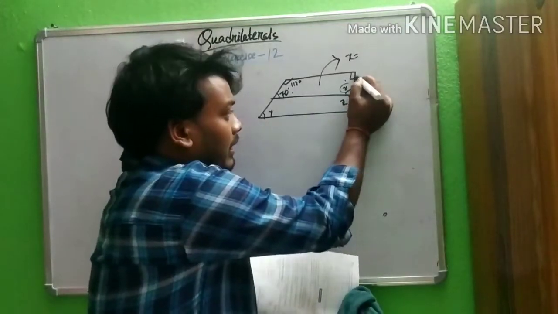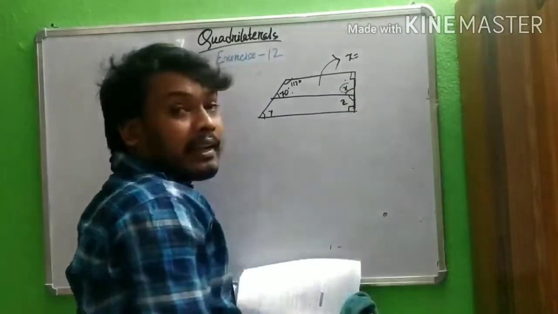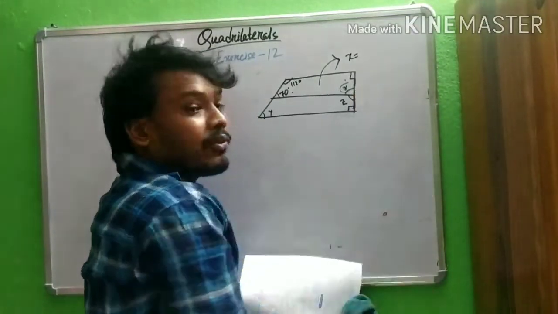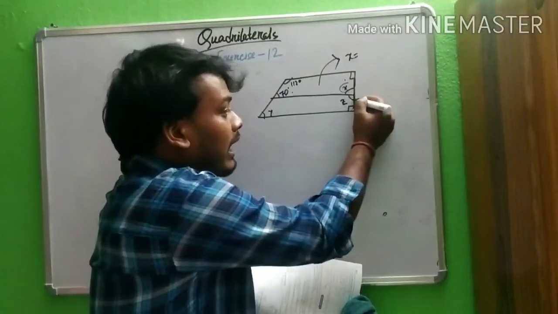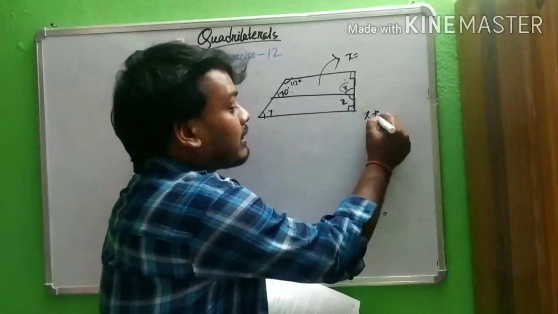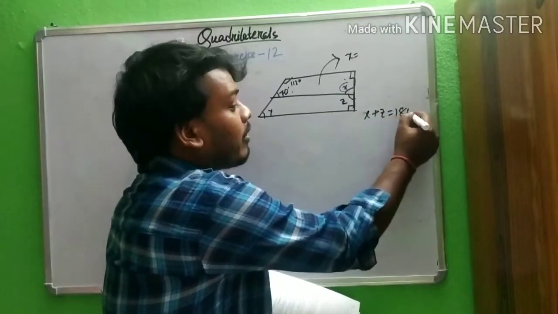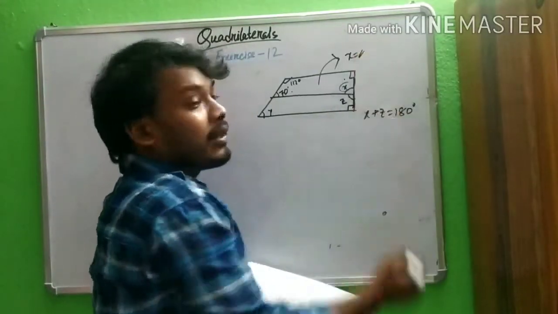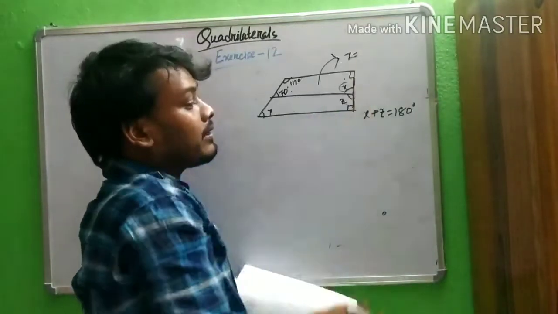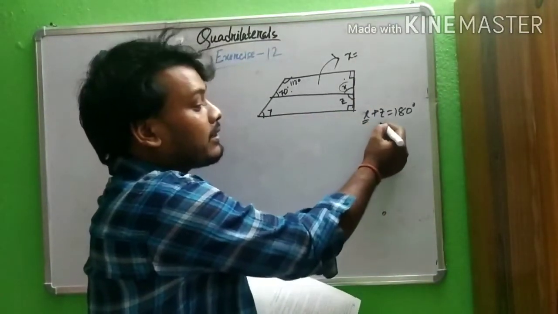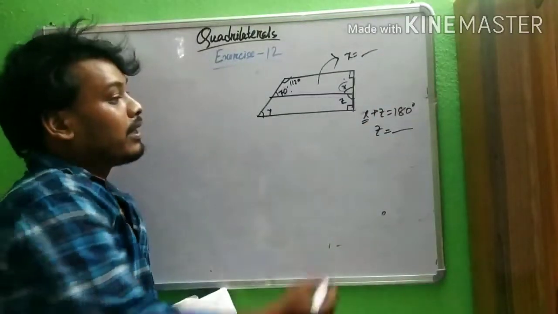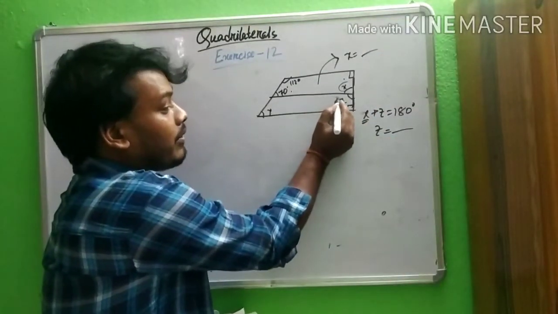Z is on a straight line, so the sum of these two angles is 180, because it is an angle on a straight line. So X plus Z equals 180. You already found the value of X, so put the value of X and from here you get the value of Z.